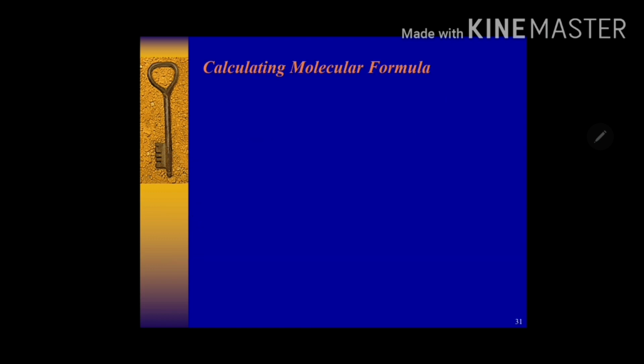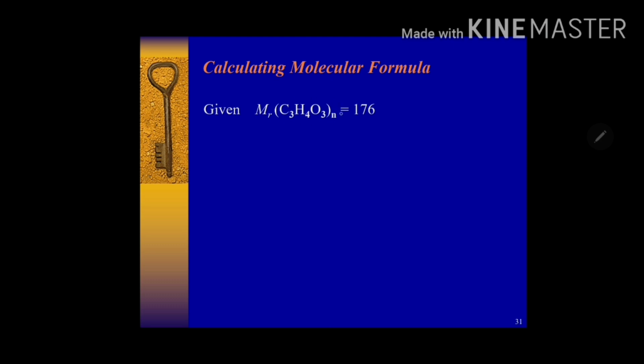So next, how to calculate its molecular formula. Given in the question, the molar mass is 176 grams per mole. So write down the formula C3H4O3, the empirical formula, and then times n, the factor.